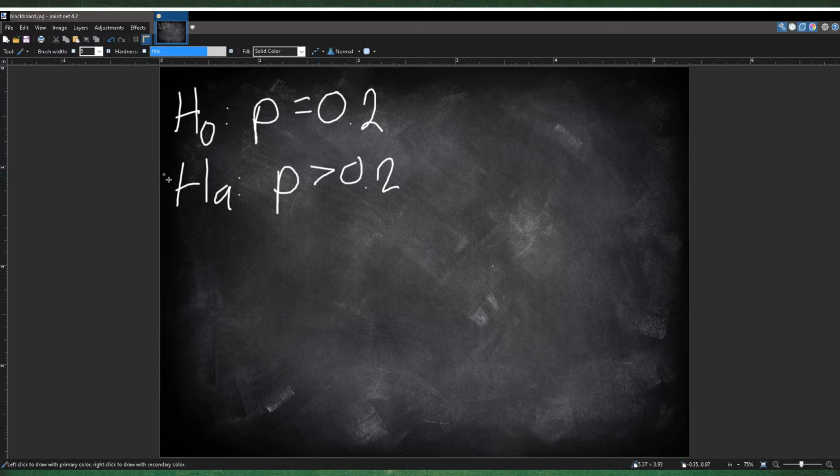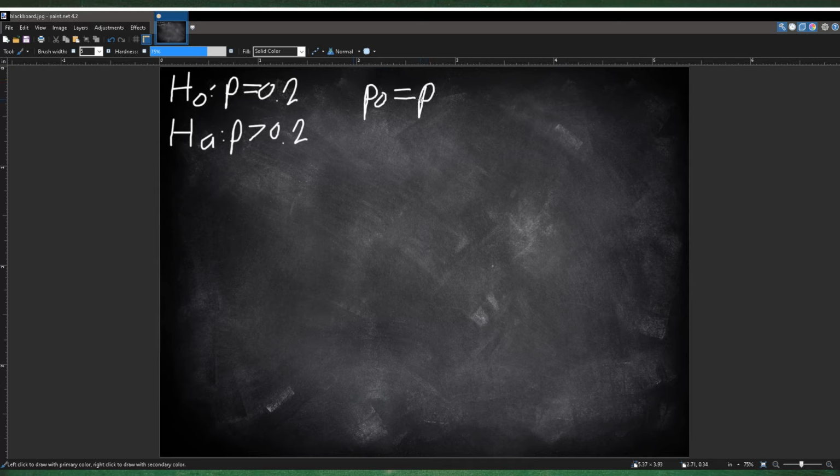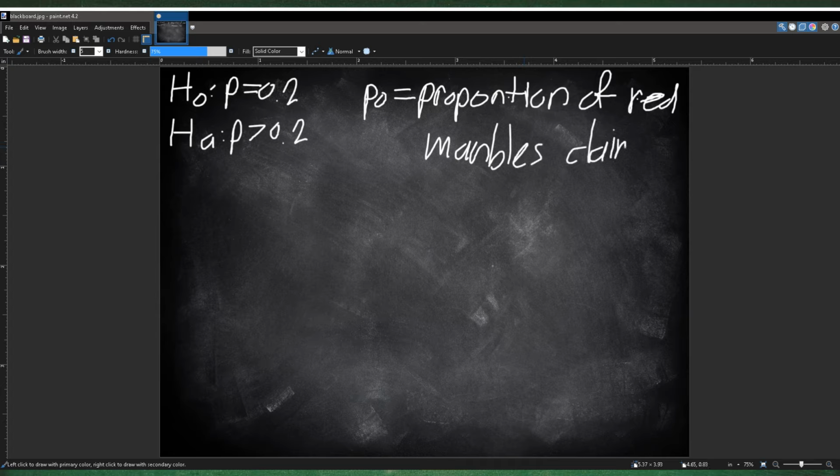And now you have to define your variables. Actually, I'm just going to write this smaller, because I'm going to put this onto this entire thing. H0: p is equal to 0.2, and HA: p is greater than 0.2. You always have to write these. Just put colons. And then you define your variables, which basically states p0, the proportion of red marbles claimed by the company.